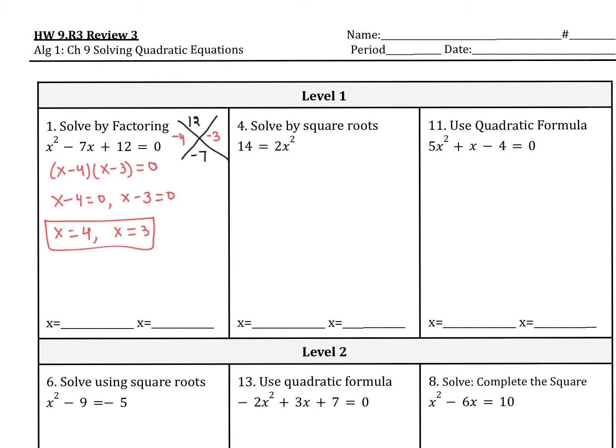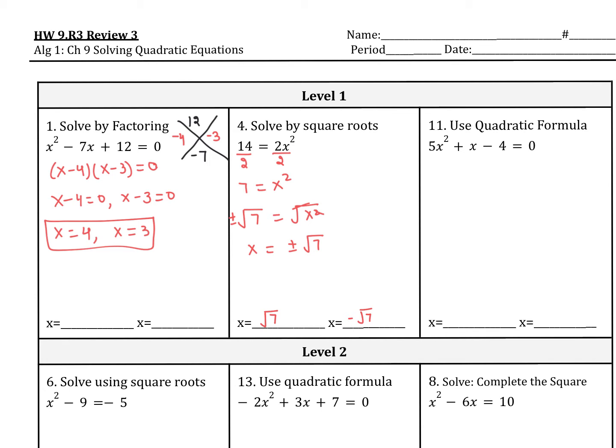as your answer. Next we are going to solve for x by dividing by 2. You get x squared equals 7. Using a square root means you take the square root on both sides, and you get x equals plus or minus square root 7. So you get plus square root 7 and minus square root 7.